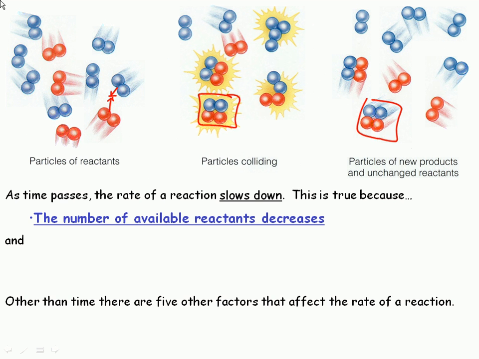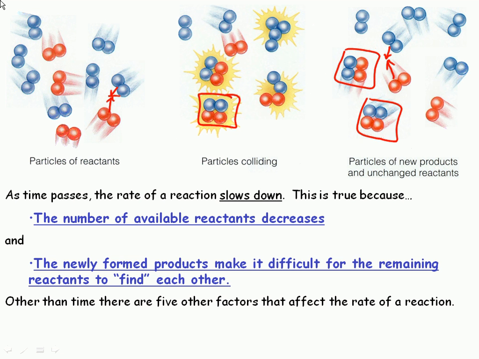These guys are now going to be moving around inside of the container, and it becomes a little bit more difficult for A and B here, or the red and the blue substances, to find each other inside the container. So the number of available reactants inside the container is going to go down, and the newly formed products are going to make it difficult for the remaining reactants to find each other to create this new product.